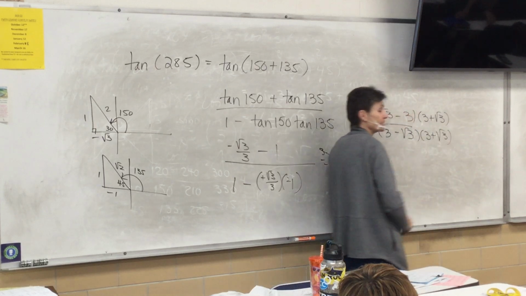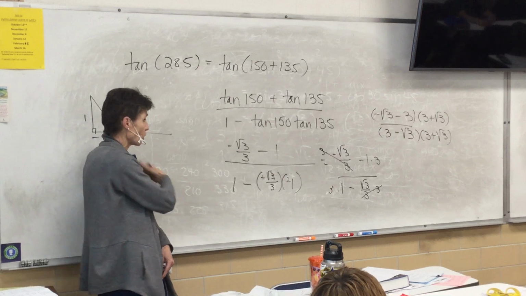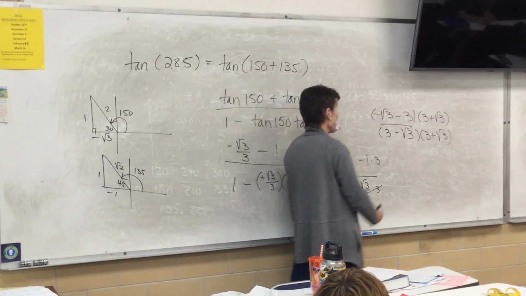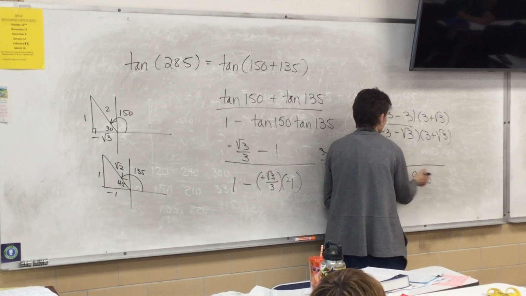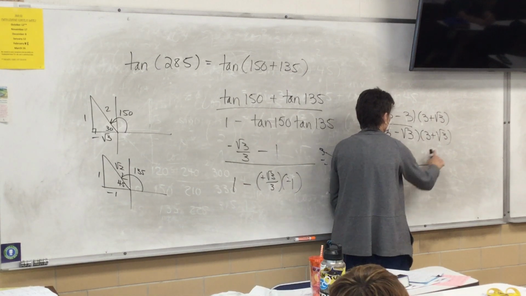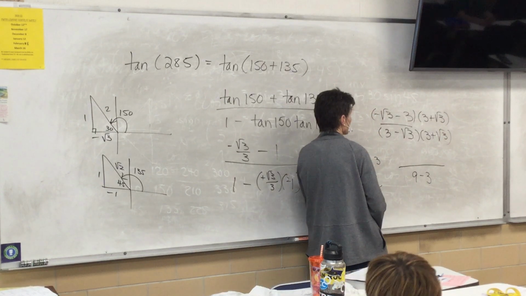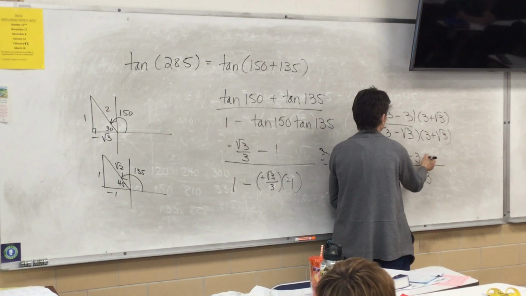By the way, we hate the tangent formulas because they require so much arithmetic. This is all arithmetic. So on the bottom, my radical is going to cancel, and I'm going to be left with 9 minus 3, FOIL on the bottom. 9 plus 3 root 3 minus 3 root 3 minus 3. And on the top, FOIL.